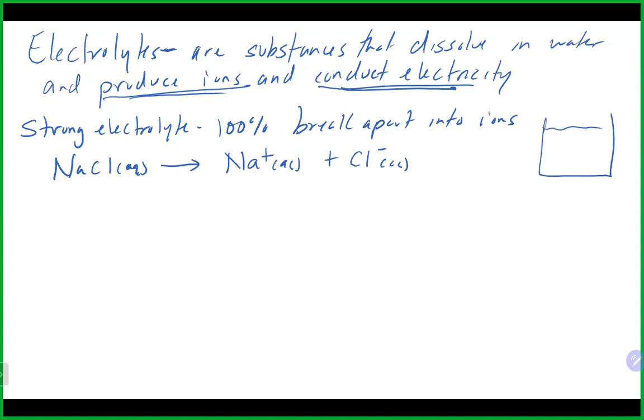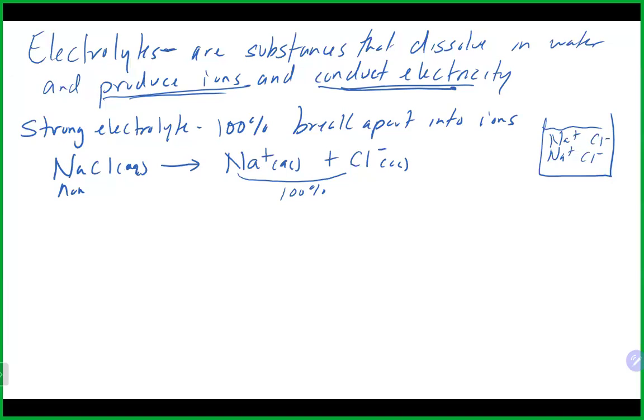So if you had sodium chloride solution, you really have none of the sodium chloride units together. It will 100% break apart into those ions. You have none of these units together in the solution.